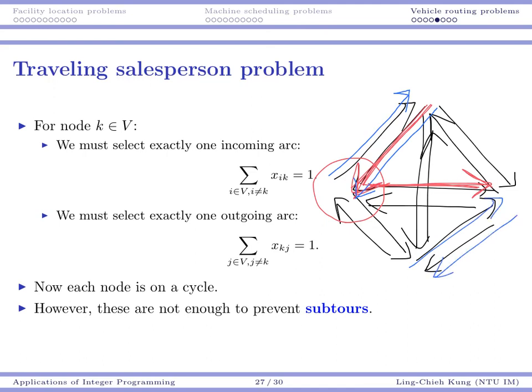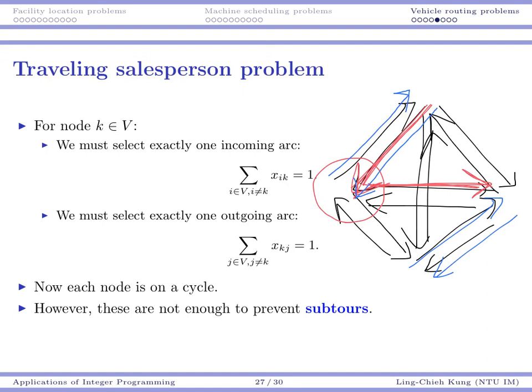You select 4 arcs, and if you check the condition for each node, for this one, 1 incoming, 1 outgoing, good. For this one, 1 incoming, 1 outgoing, good. These 2 are the same. So that means you are covering all the nodes with 2 cycles, with 2 subtours. But that's not what you want. You want 1 single tour to cover everyone because you want to go back to the origin.